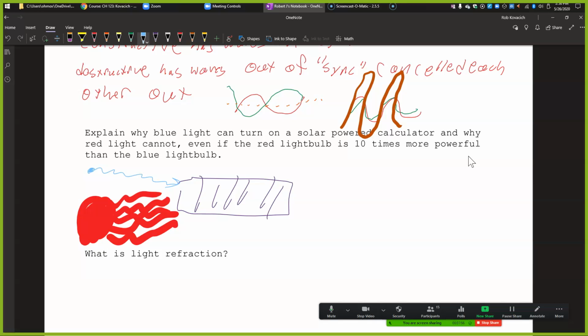So even if we have red light that's super large, it doesn't matter because the light waves can't build the energy that the calculator needs. I can answer this question in 2 words. Anybody want to give me 2 words?